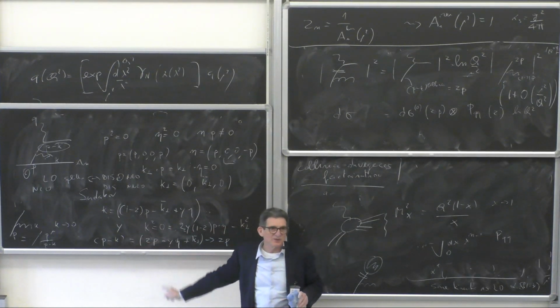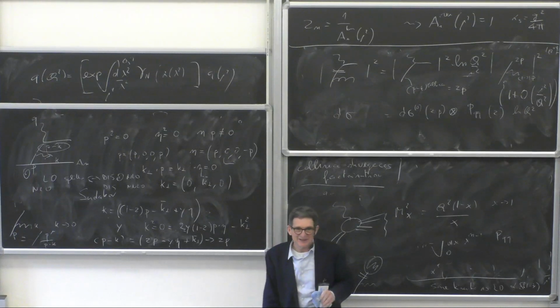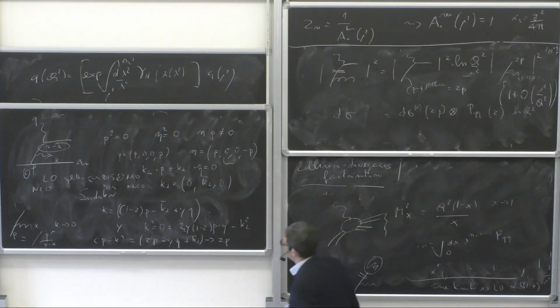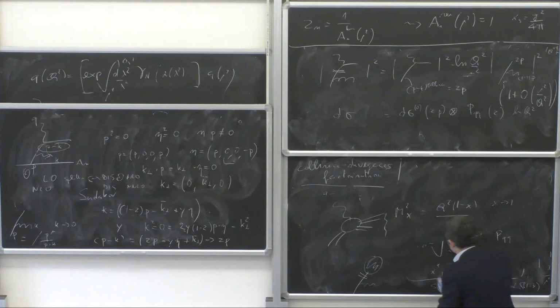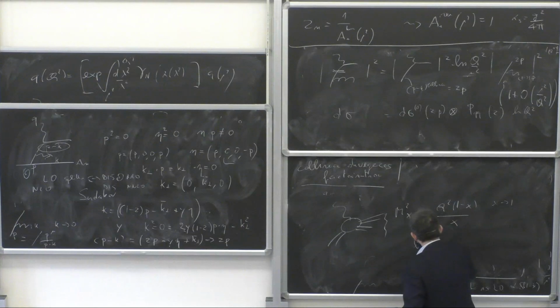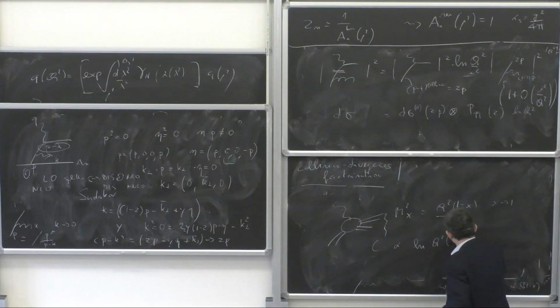And that's a consequence of the infrared divergence that Alessandro was asking about. So you'll discover that the coefficient function that I'm calculating here contains a log of Q square (1 minus x) over x.